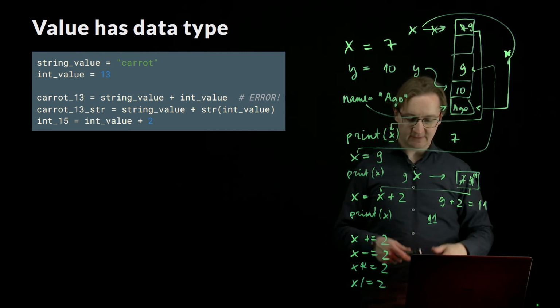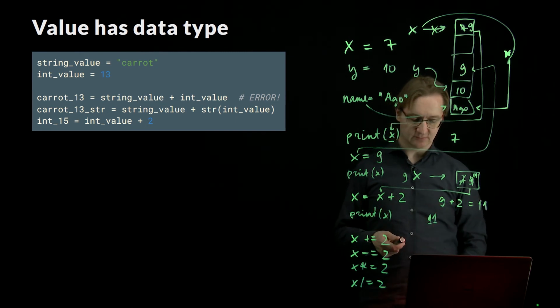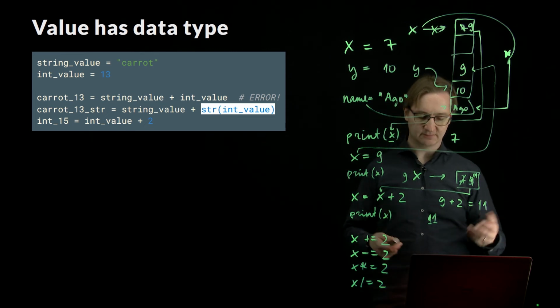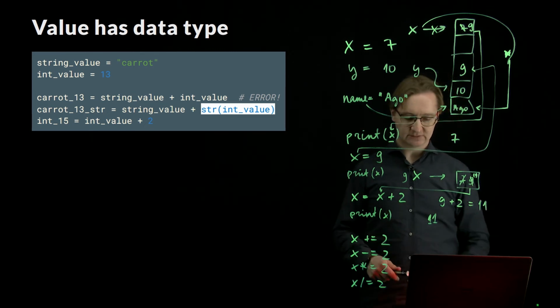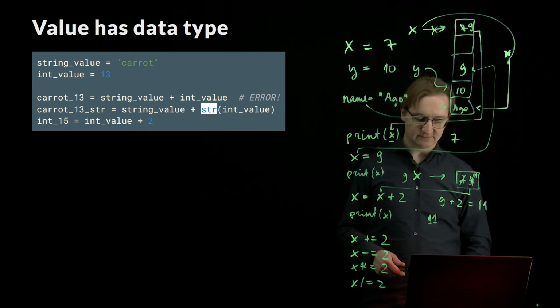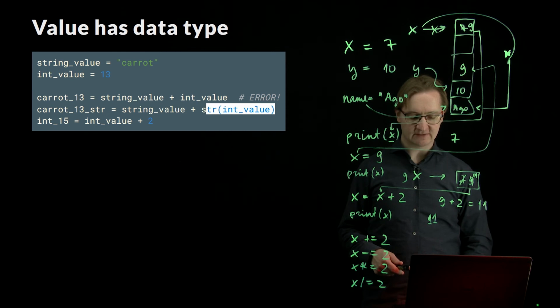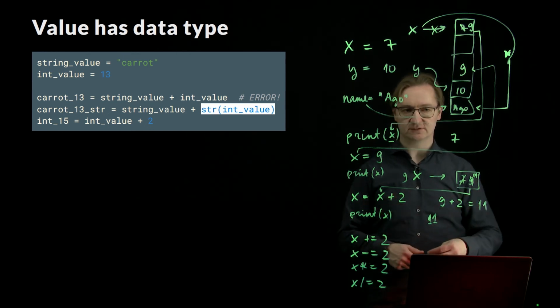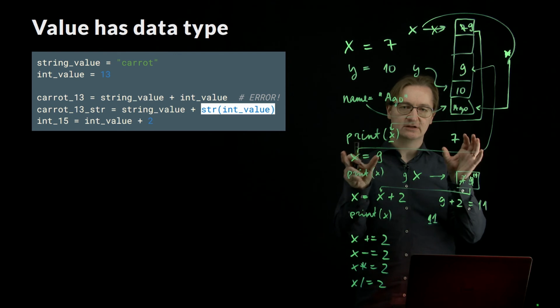If I actually would like to do that, to concatenate this 13 into this string, I have to convert the value inside this variable into a string. So here we cast. The value itself in memory remains an integer, but for this calculation, I convert it into a string, and then if I have two strings, I can concatenate them.